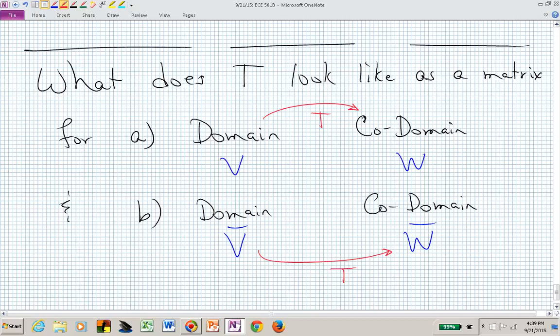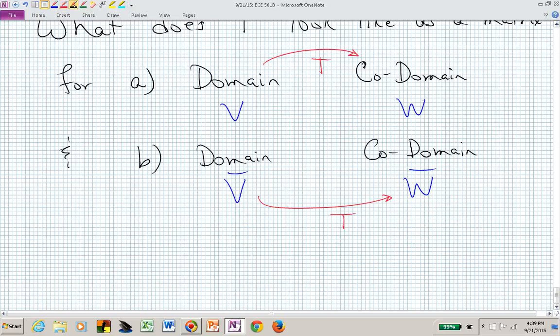Will the matrix representation be the same? I hope you can see that it's not going to be, but now let's build that up and see what these different matrix representations for this linear map are under these constraints, or with these sets of bases.